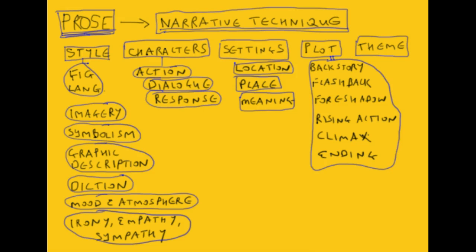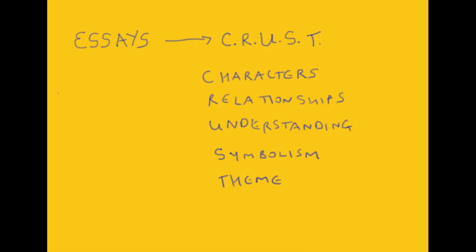Okay, so the last toolkit that we're going to look at is the toolkit that you would use when you are answering exam questions on essays. And this is when the examiner is asking you to write an essay on probably your set text, and you have to write 1 or 2 pages.